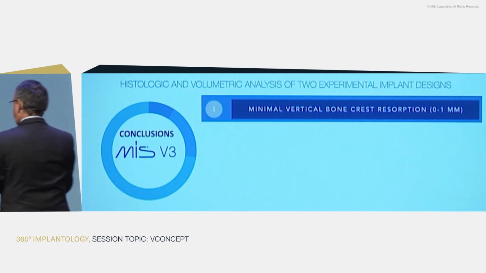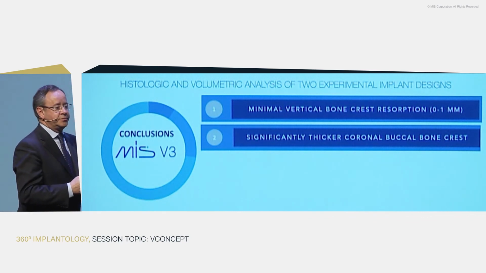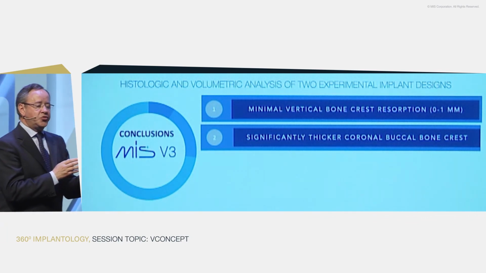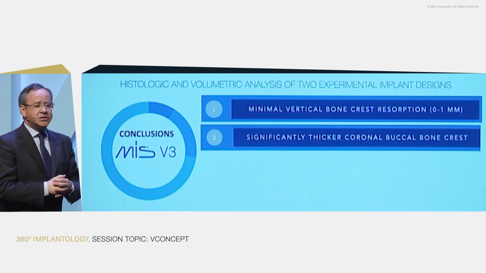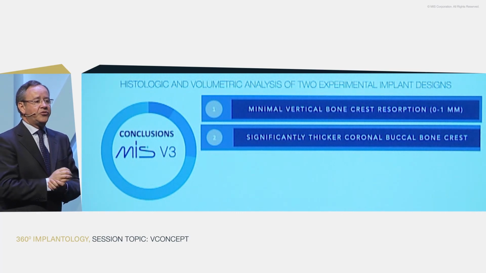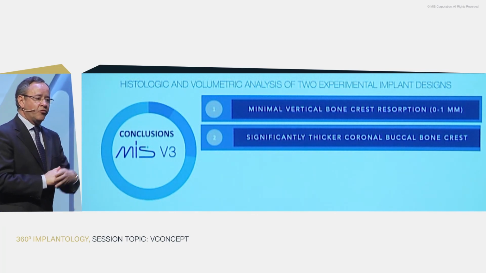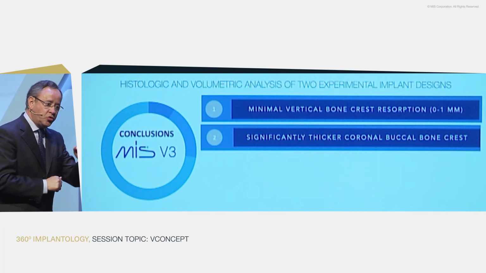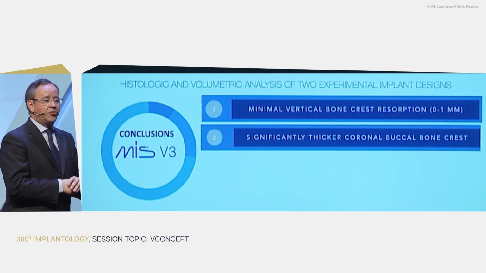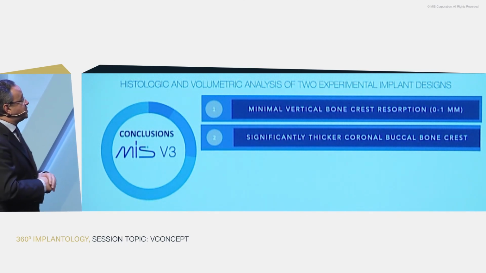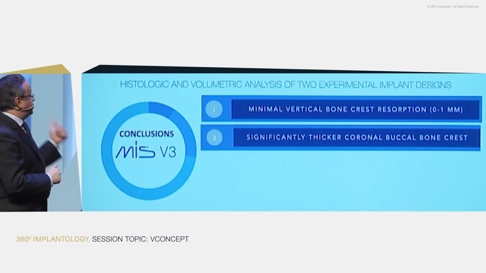When we look at our main outcome measurement, the outcome related to the change in the design of the implant, that is where we can see the significance of the differences. Here we can see that the coronal bone from the level of the crest up to the 4th millimeter in the immediate implants, and up to the 3rd millimeter in the delayed implants, was significantly wider when comparing the tests and the controls.